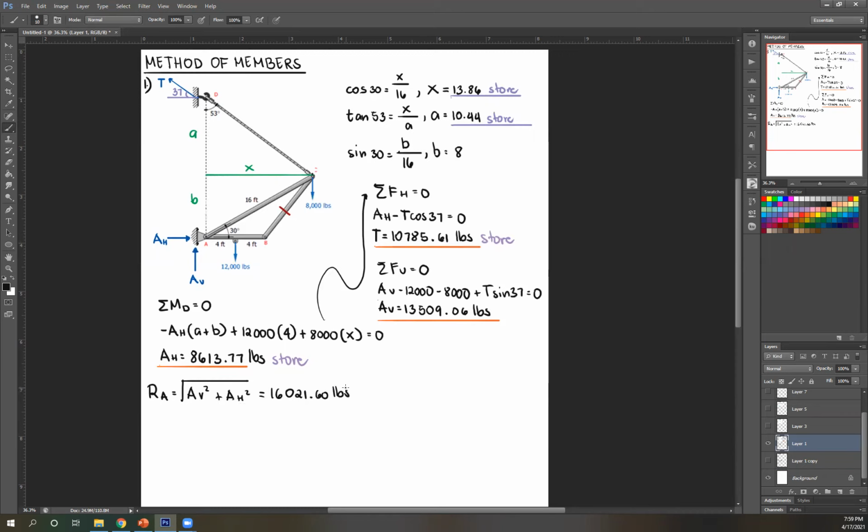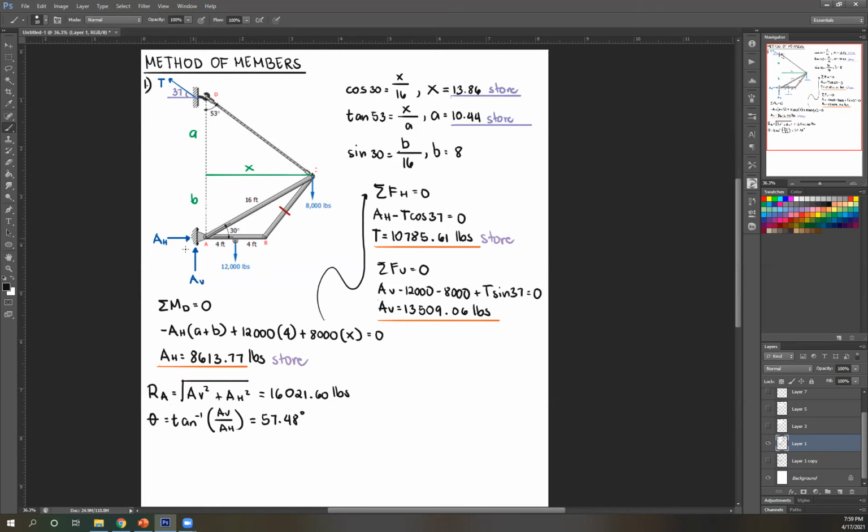And then we're not done. After getting the resultant, you're gonna get the angle. So angle is just arctangent AV over AH. And then solving for that, you're gonna get 57.48 degrees. And then to get the direction, look at your values.